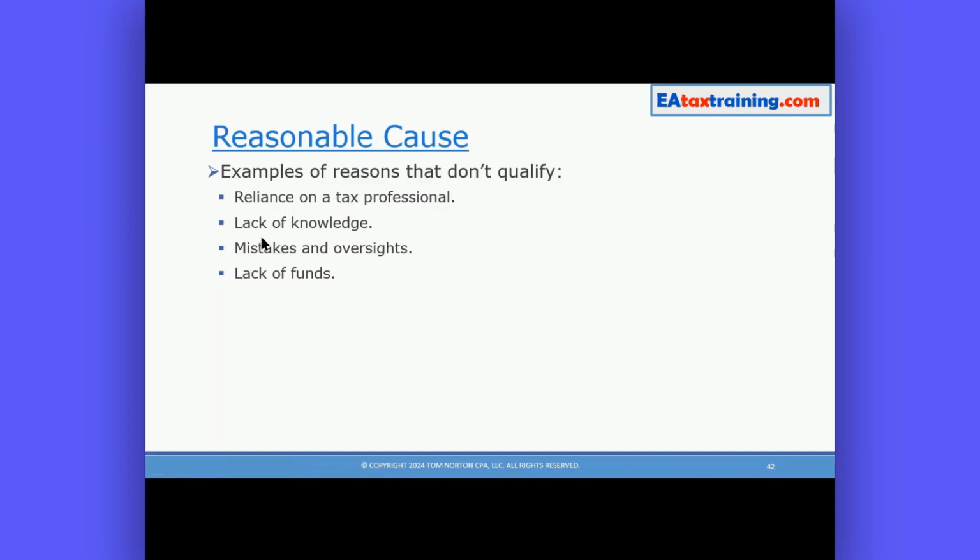Well, as the old saying goes, ignorance of the law is no excuse. Just because you didn't know about it is not going to be a reason to not have to pay the penalty. A simple mistake or oversight, again, not a reason to abate. And just not having the money. Lack of money, as we've said before, if you don't pay, interest and penalties are going to continue to accrue.